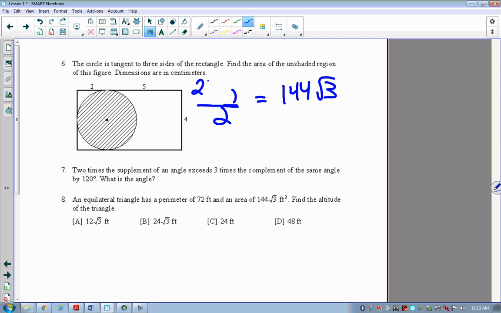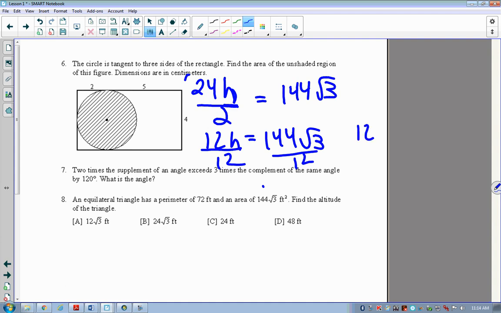So I've got 24 times h divided by 2 equals 144 radical 3. Well, that's going to be 12h equals 144 radical 3. Is that correct? Okay. What's 144 radical 3 divided by 12? Well, it should be 12 radical 3. Okay. Let me check my answer. 12 radical 3 feet is my answer.